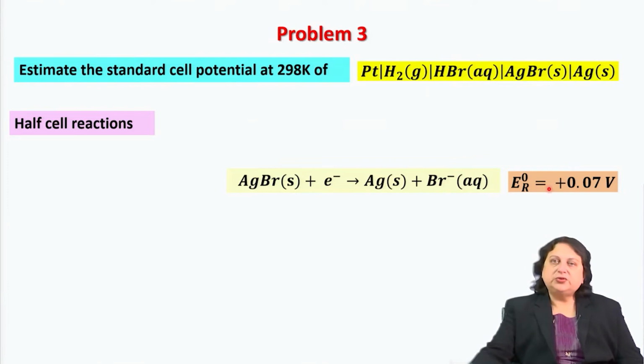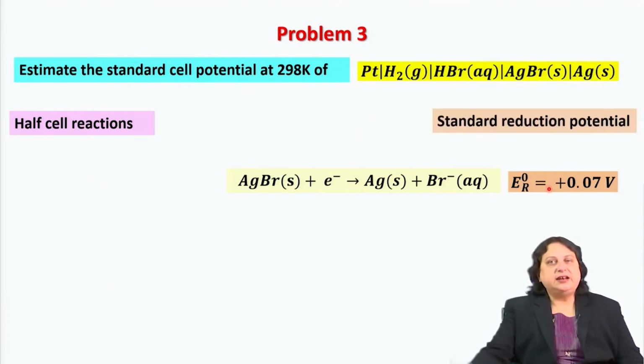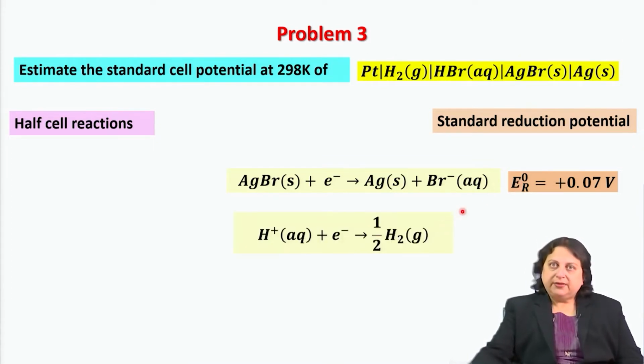Here I have also written down the standard reduction potential for this couple, silver bromide and silver solid, and the value is plus 0.07 volt.